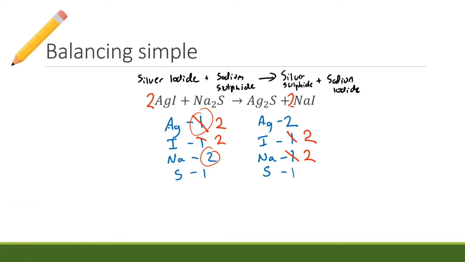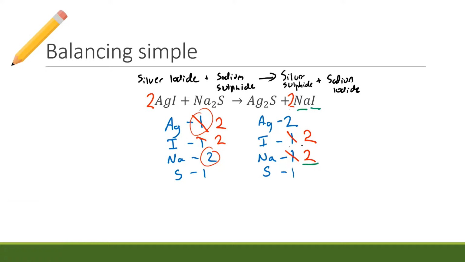So let's check. Can you explain it again? Okay, what I've done is put a 2 here in front of the sodium iodide. Why? Because I've got 2 sodiums on the left, and I want to make sure there are also 2 on the right. So if I put a 2 here, I've now got 2 sodiums. But now that I've got 2 sodiums, I also have 2 iodines.